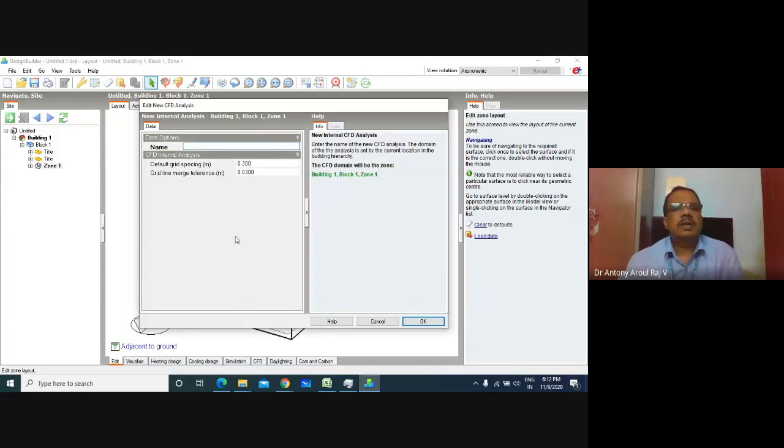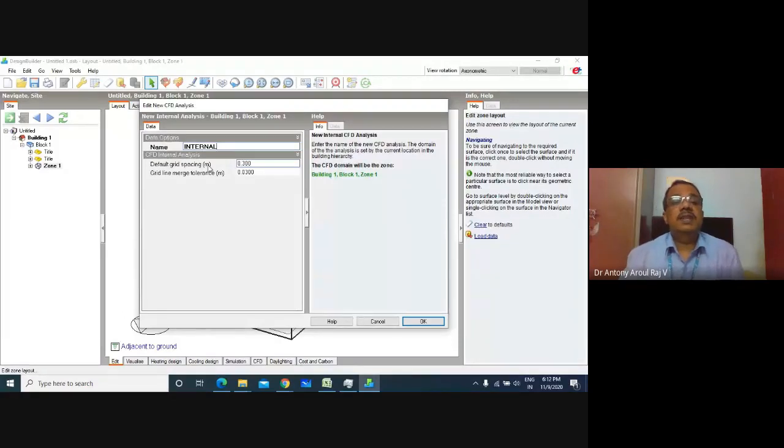Now it is asking for a name for this analysis. I will give internal as a name. It is also asking about the grid spacing. I told you that in CFD the domain is the air inside, but for energy simulation the domain is the walls, solids, everything put together.